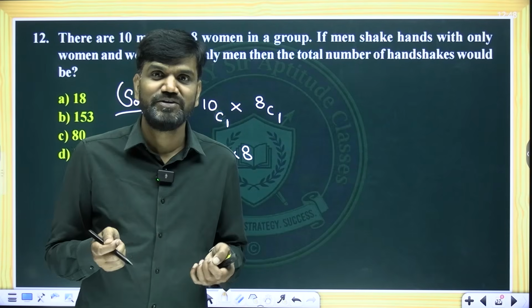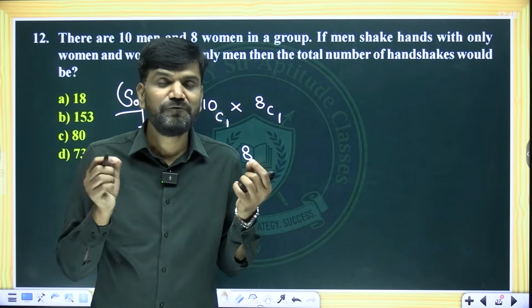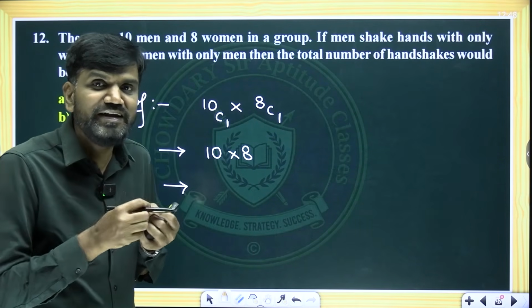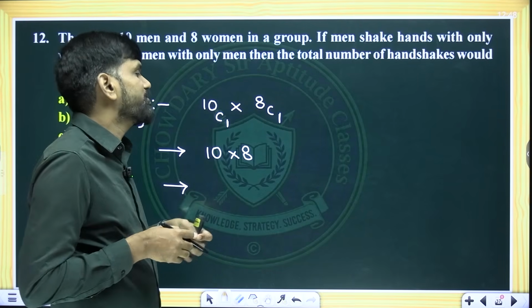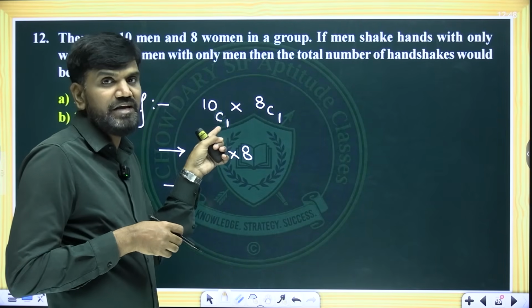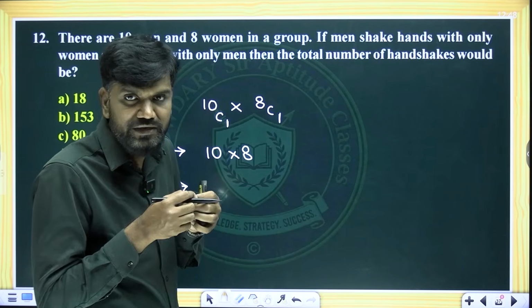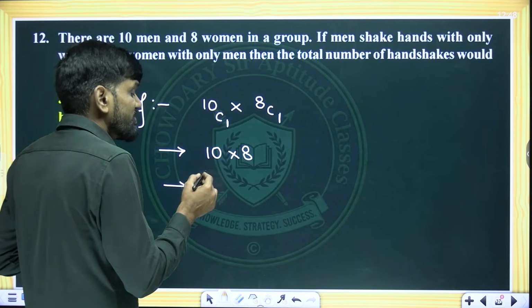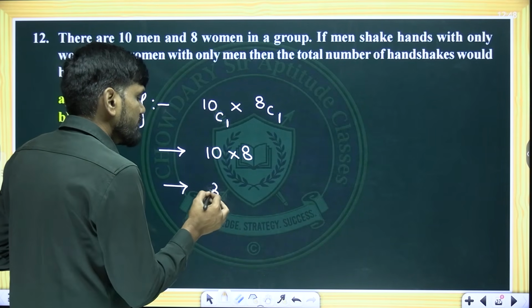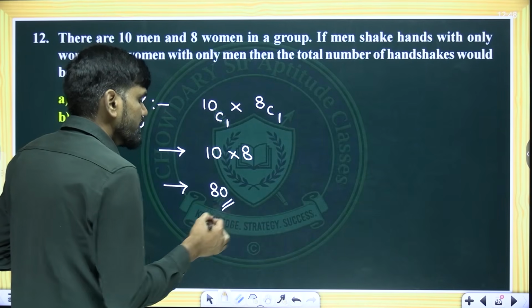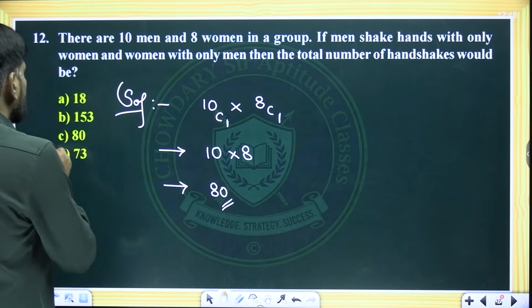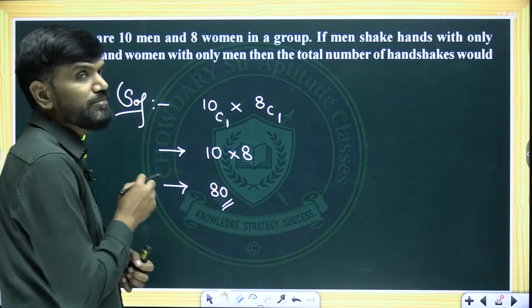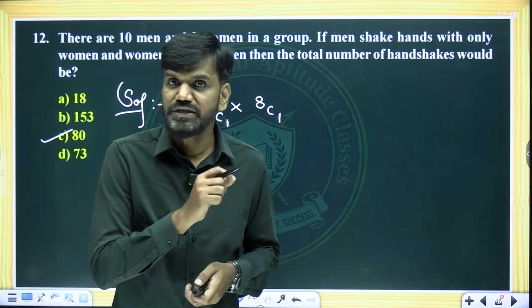Know the logic. Why NC2? Here I need 2 people, but 1 from each group. 1 man I need, 1 woman I need for a shake hand to happen. So that's why it is 10C1 into 8C1. That is 10 into 8, which gives you 80. Hence your answer has to be 80 and that should be option C.